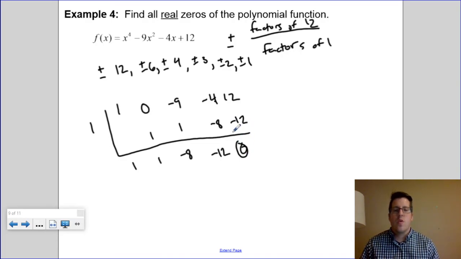Well, that's just great news. It does work. So one of my zeros is 1. And I'm left with x cubed plus x squared minus 8x minus 12.